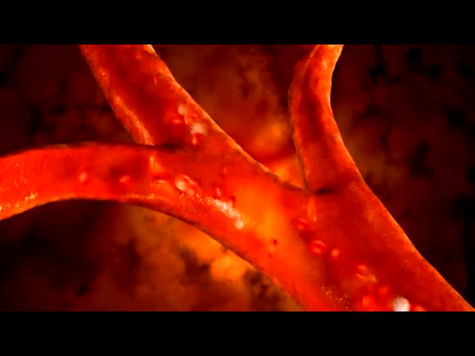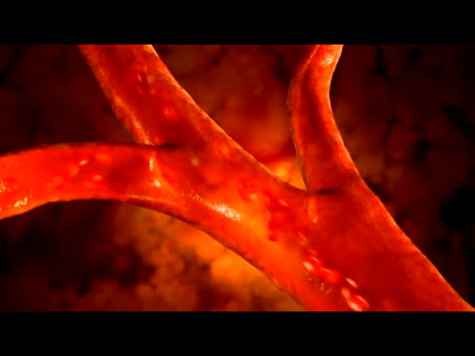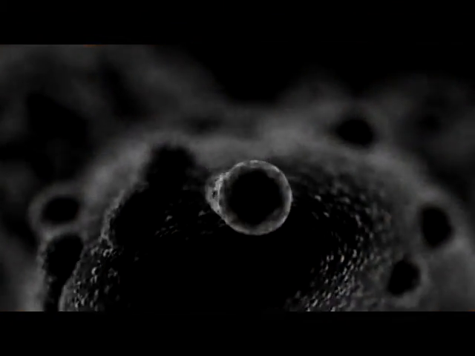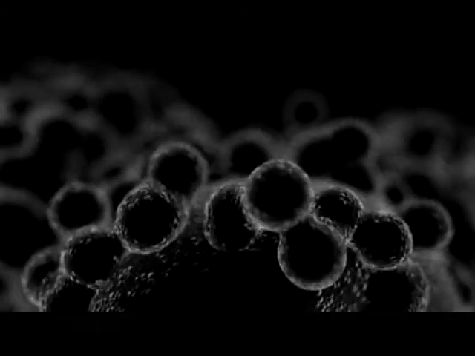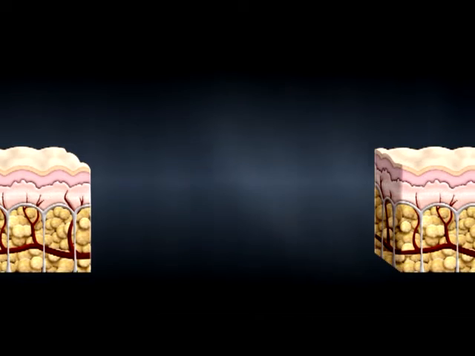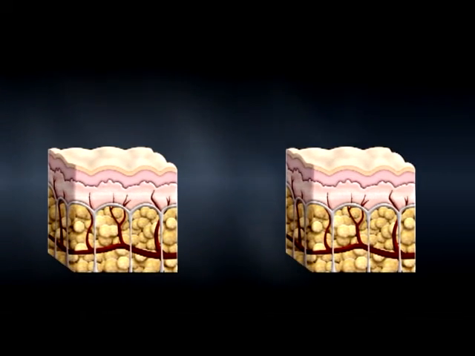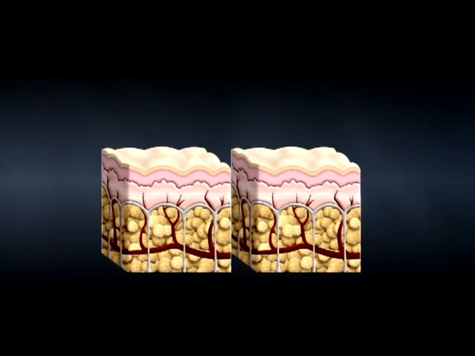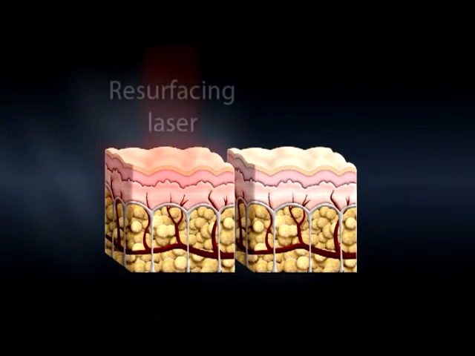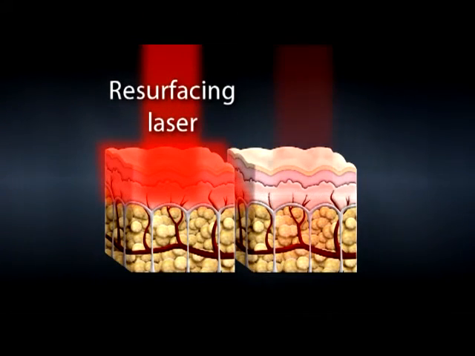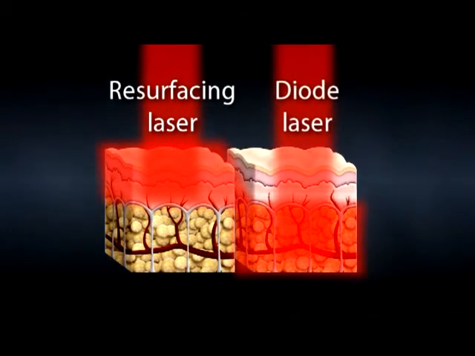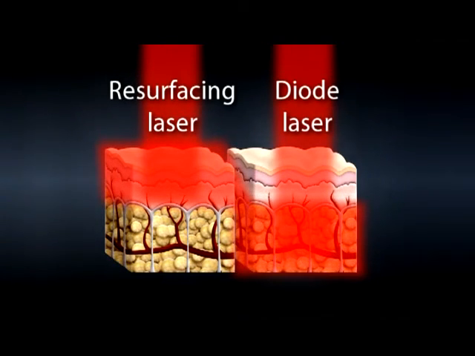For pigmentation and vascular treatments, the hemoglobin. And for body contouring, the adipocytes. Different lasers within the aesthetic industry are designed to penetrate to various depths depending on the treatment goals. Resurfacing lasers target the epidermis, while a diode laser is designed to reach the deep dermis and subcutaneous layers.